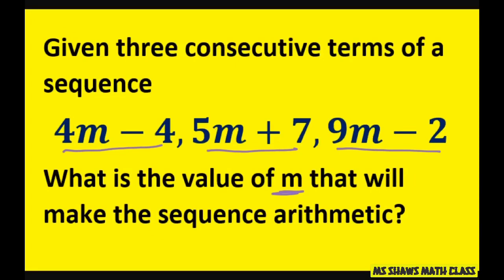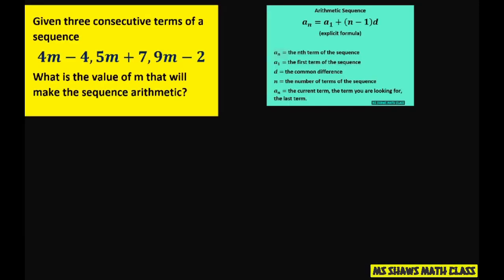Now, for a sequence to be arithmetic, it must have a common difference. So it always has a common difference. For example, if I had a sequence 3, 5, 7, the common difference would be 2.